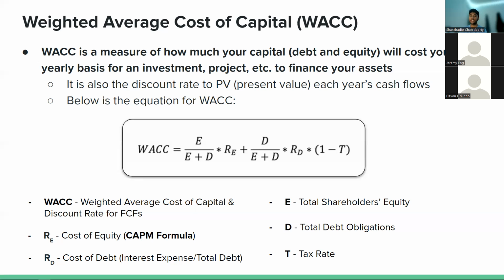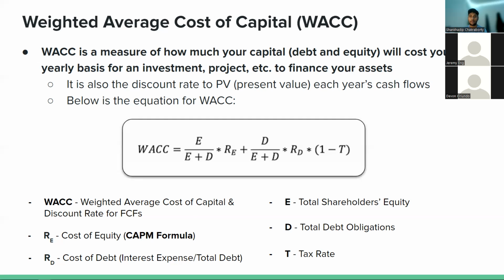This is also known as, if you've heard of discount rate anywhere, in order to discount your cash flows, or DCFs, discounted cash flows for any company, the rate that you discount by is usually the weighted average cost of capital. Sometimes it could be the inflation rate. Usually it's the weighted average cost of capital, especially when you're talking about a firm's projects or investments, because the weighted average cost of capital is a measure of how much debt and equity a company has.